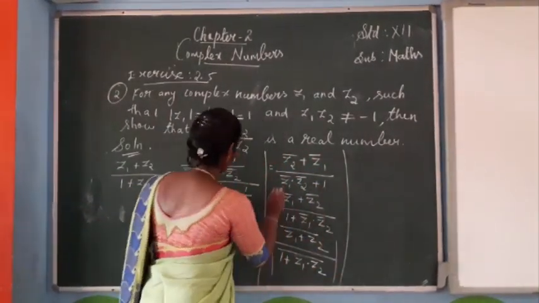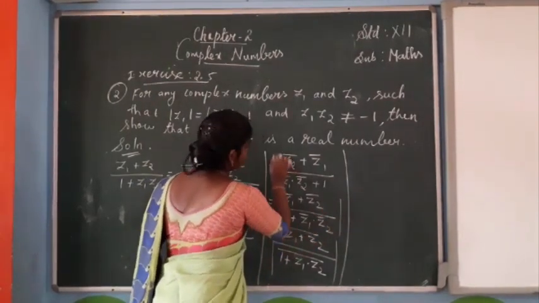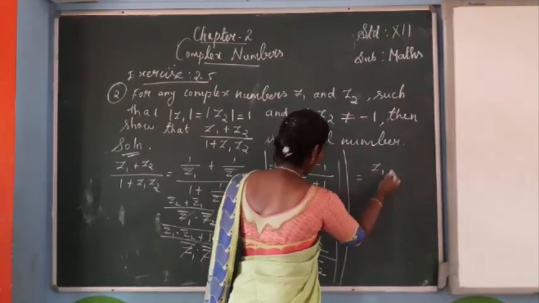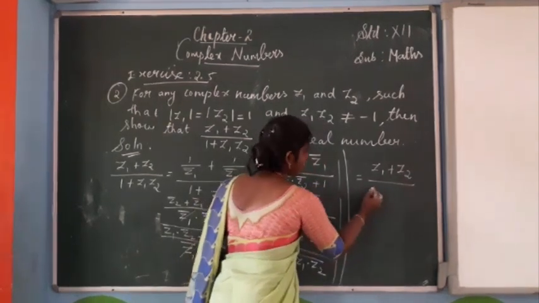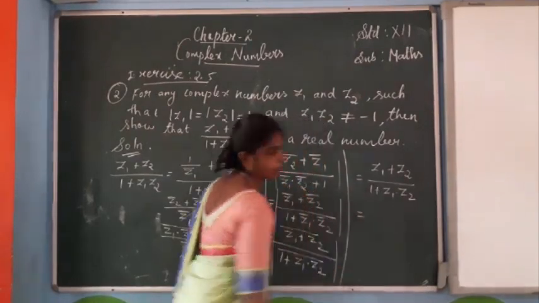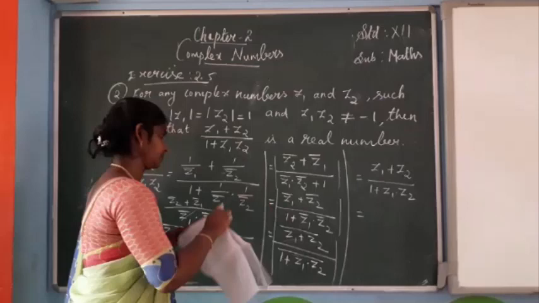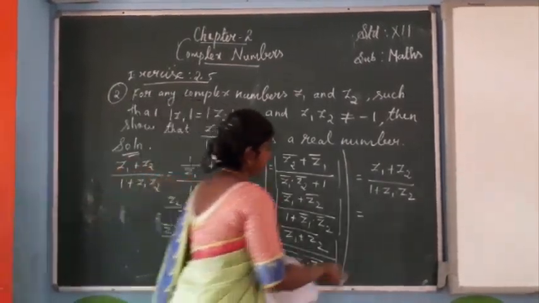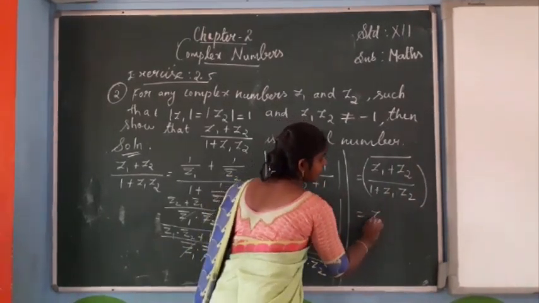Using the modulus property, that's equal to (Z1 + Z2) divided by (1 + Z1 into Z2), take the whole bar, that is equal to Z bar.